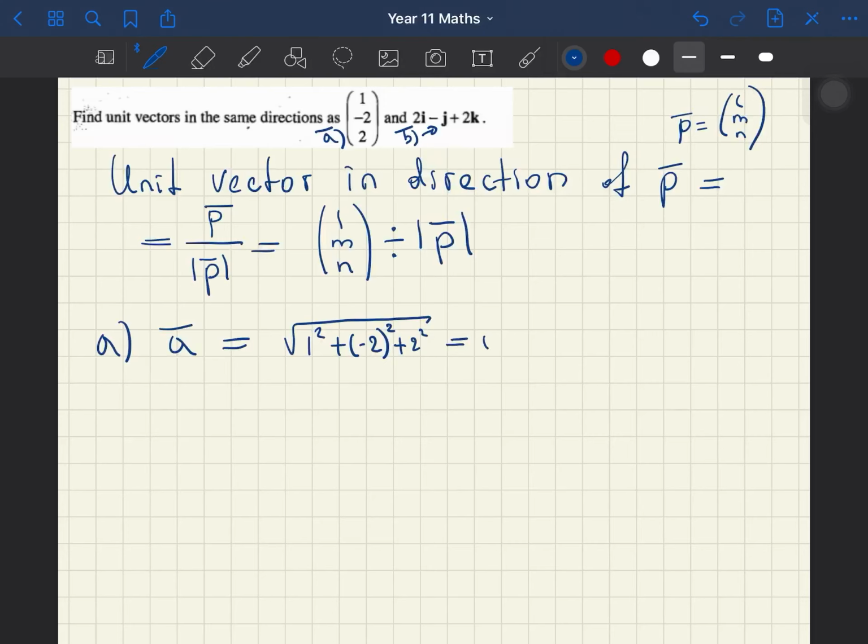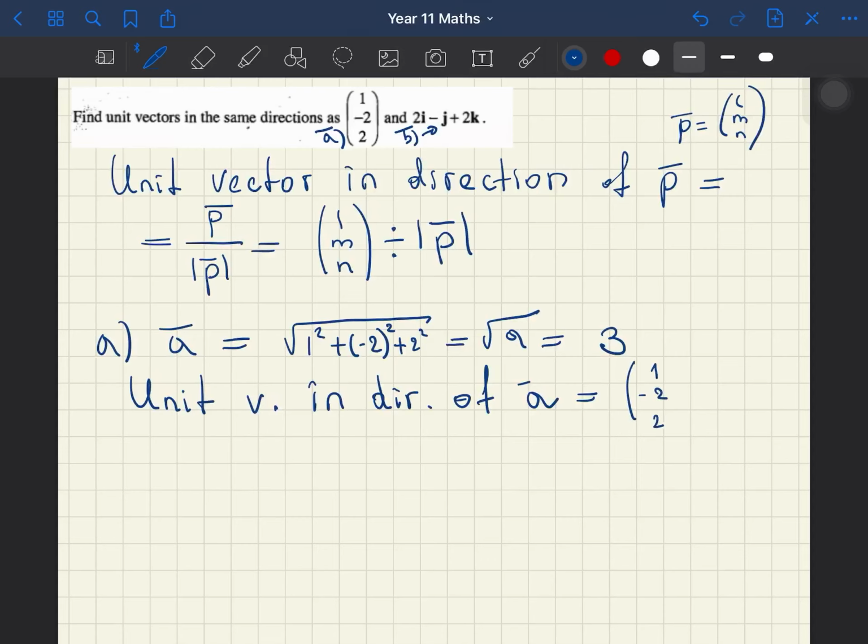Please don't forget the brackets before negative numbers. That equals the square root of 9, which equals 3. So the unit vector in the direction of A equals the components of A, 1, minus 2, 2, divided by 3. Every component of A has to be divided by 3. So it's 1 over 3, minus 2 over 3, and finally 2 over 3, like this, ladies and gentlemen.